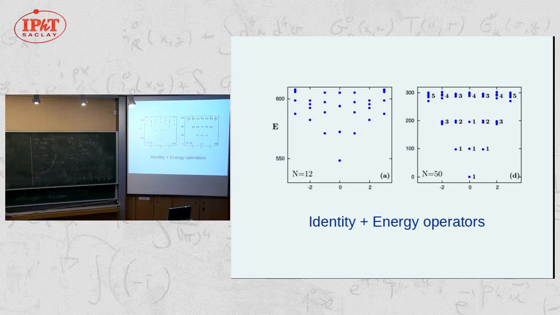But this does not exhaust what we find in the true spectrum of the three-body model. The three-body model has more states. And in fact, there is a way from the algebra to obtain the degeneracy of these states.